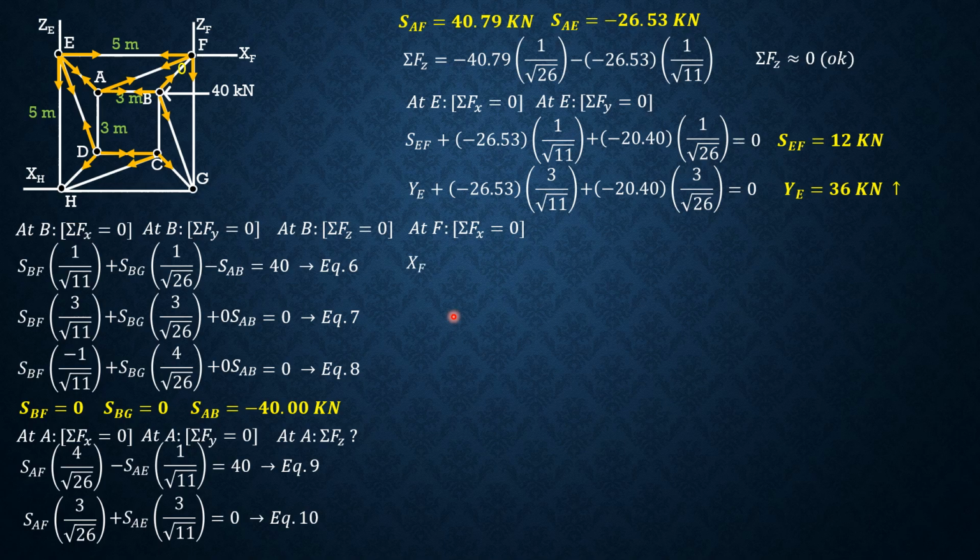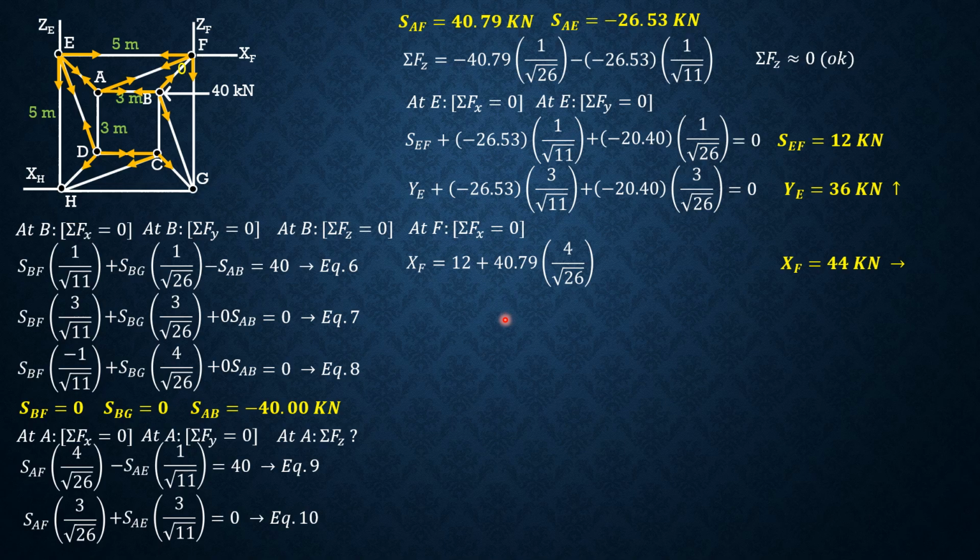So XF equals EF, which is 12, plus AF. AF is 40.79 times the X component distance, which is 4, divided by the distance square root of 26. And BF is 0, so that's all. So from there, we can solve XF, and XF is rightward, 44 kilonewtons.